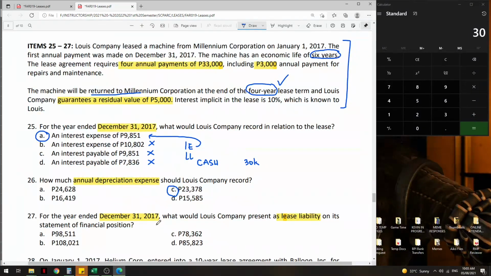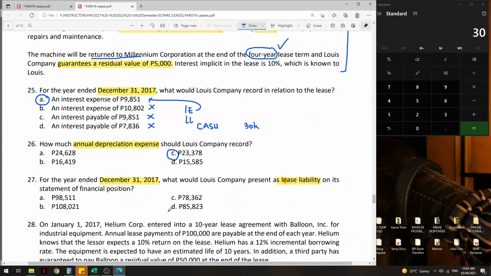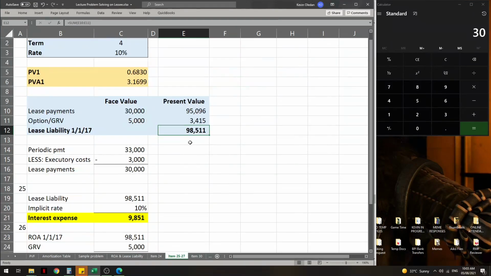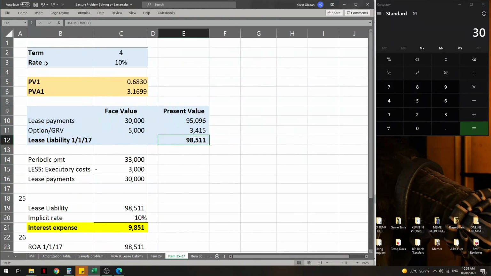For the year ended December 31, 2017, what would Lewis present as lease liability on its statement of financial position? Okay, December 31, 1 year after, ano po ang ipipresent natin as lease liability? This one is simple, and I will teach you the easiest way to arrive at it. Remember that our lease liability on January 1, 2017 is 98,511 and that our implicit rate is 10%.